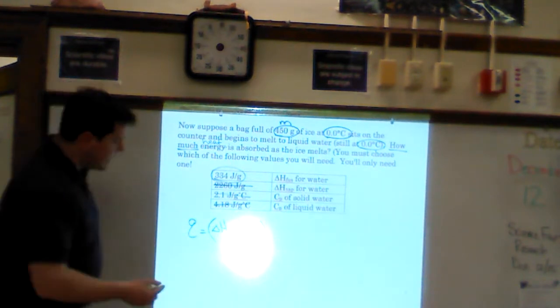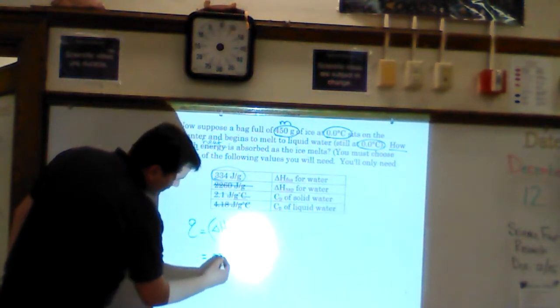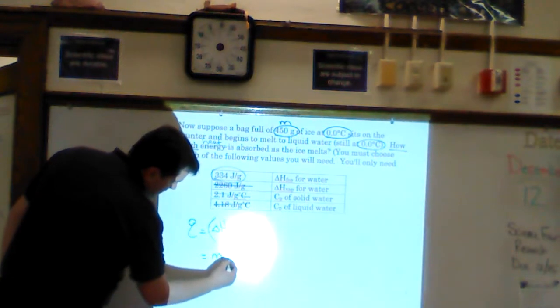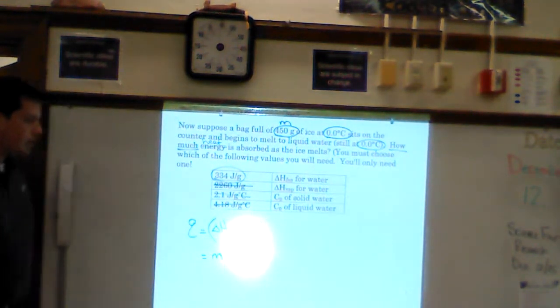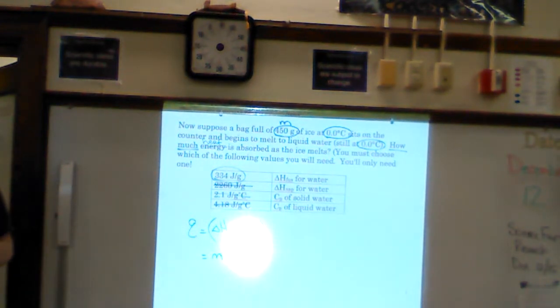Or another way of saying that would be the mass times the delta H fused. I just switched the order. I probably should have written it that way the first time. So that would be the formula every time whenever we're actually melting things.